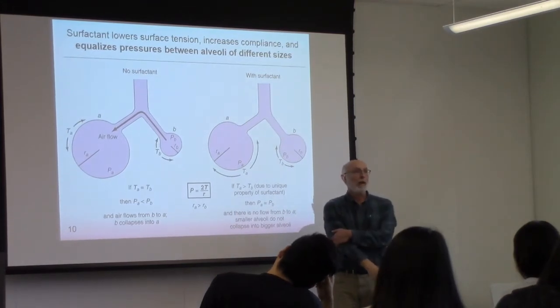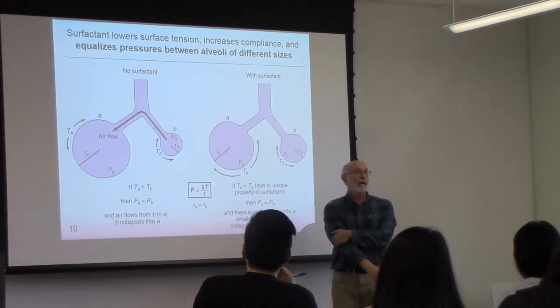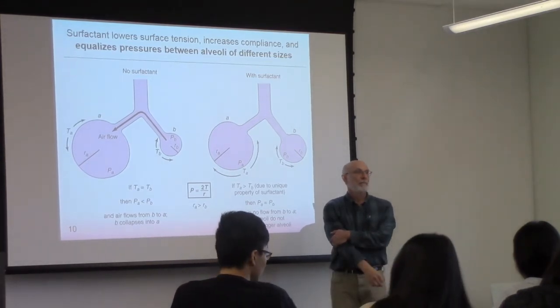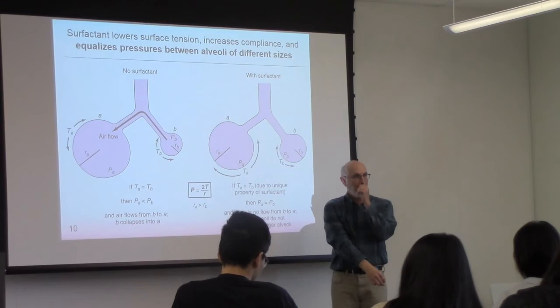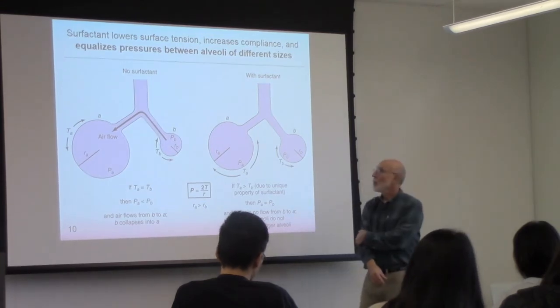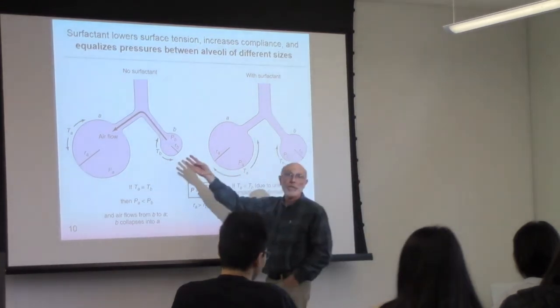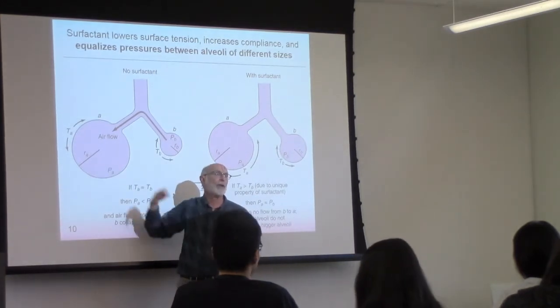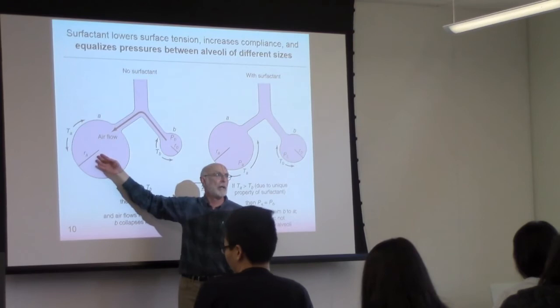And one big bubble has a lot less surface area than a million small bubbles. So in the absence of surfactant, alveoli collapse into a small number of large alveoli.